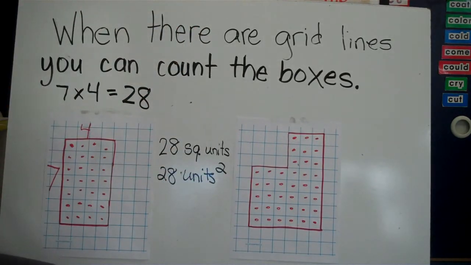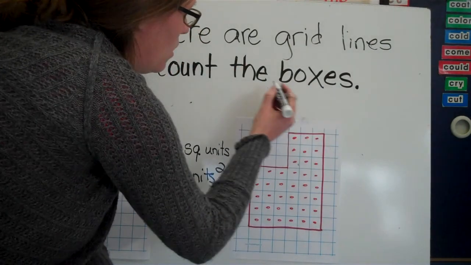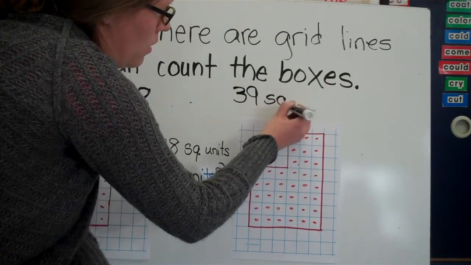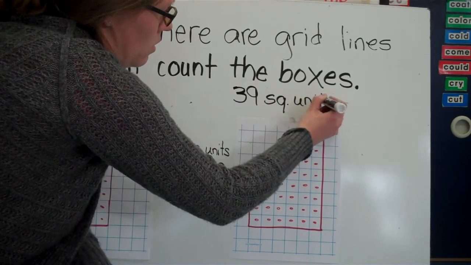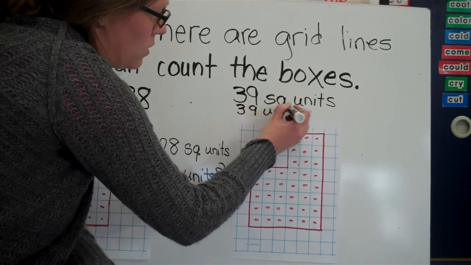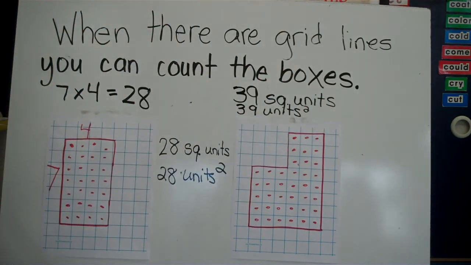So I have 39 boxes, so I can write 39 square units, or 39 units squared. Remember that 2 is kind of floating in the air.